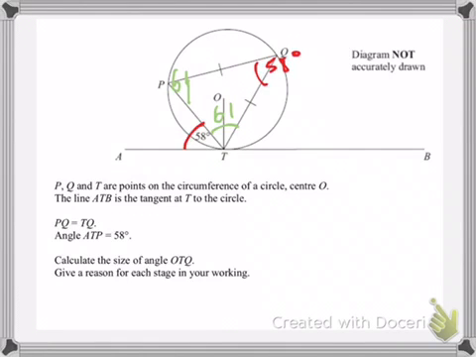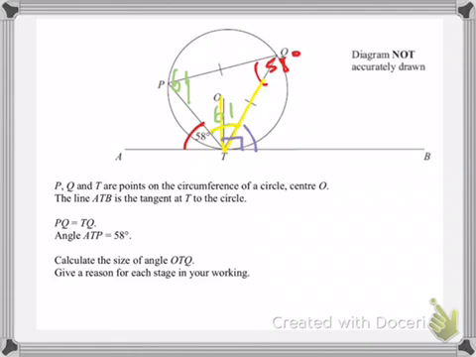Now we're only asked to find OTQ. That's OTQ, so only this section of it. Now we know this whole angle is 61, but we also know that this angle here is 90 degrees. So we've got 58 plus 61 is equal to 119, and we know that angles on a straight line add to 180.